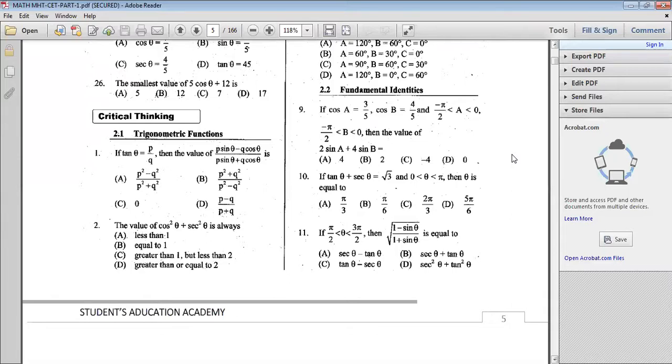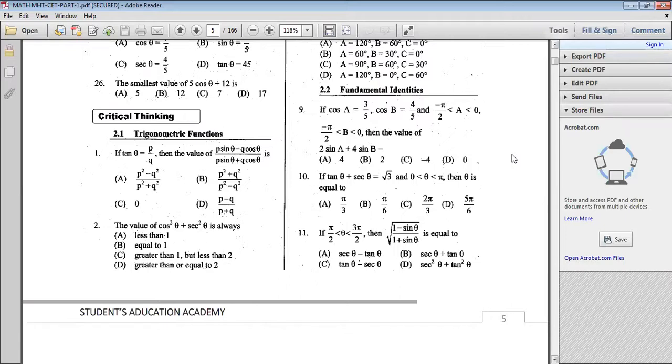Once under this problem, since it is given that tan theta is equal to P upon Q, tan theta is P by Q, then what is the value of (P sin theta minus Q cos theta) upon (P sin theta plus Q cos theta)?